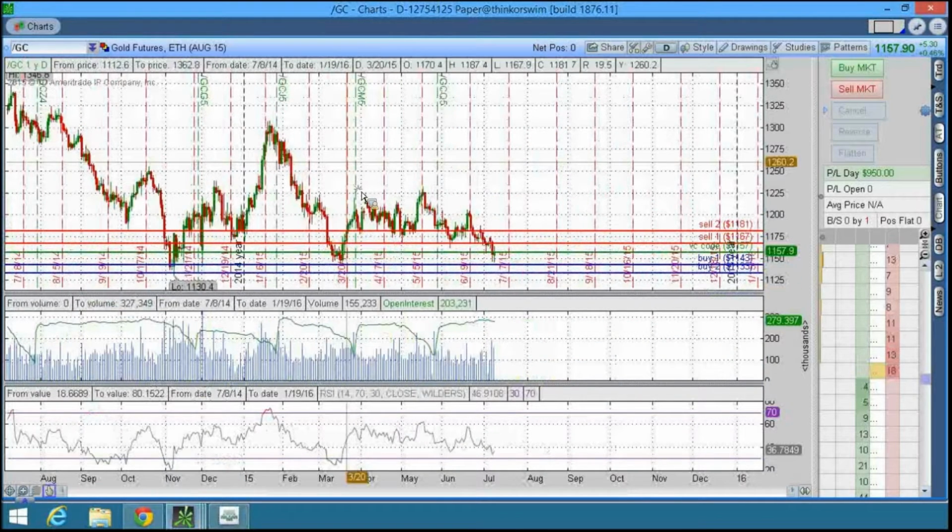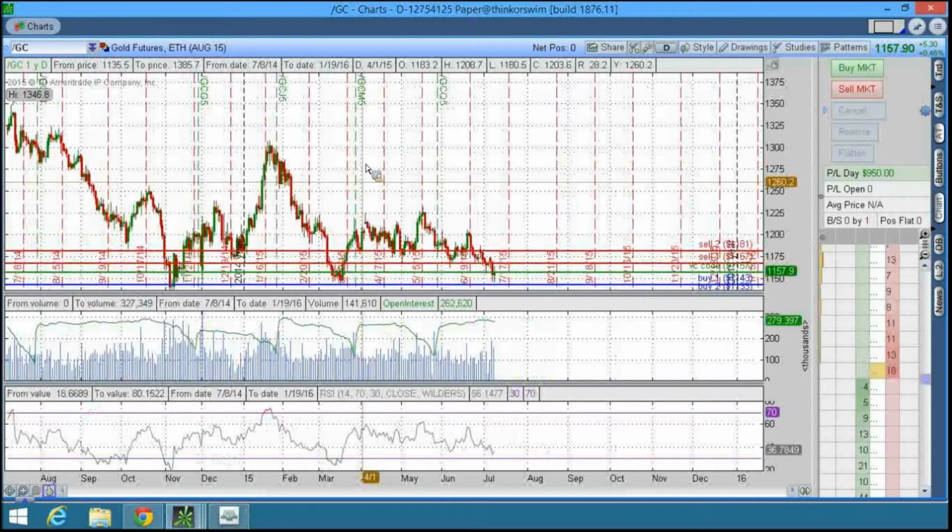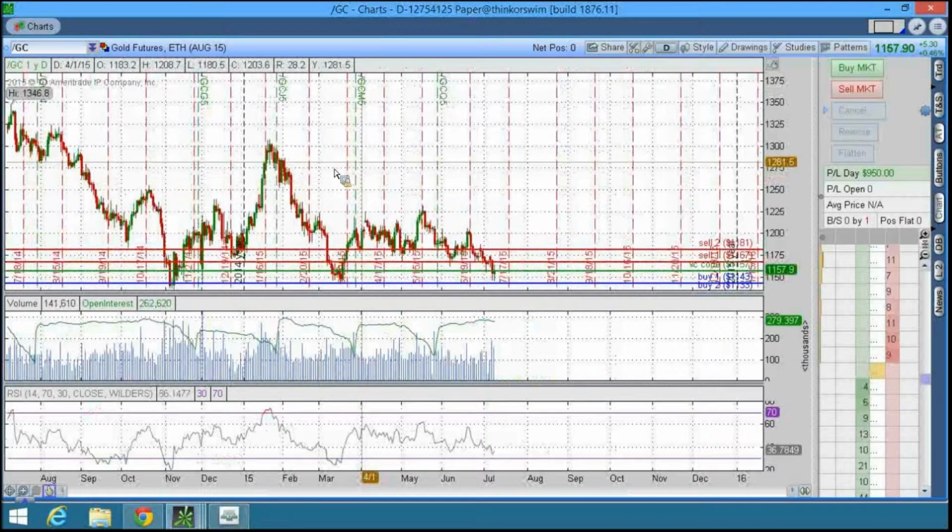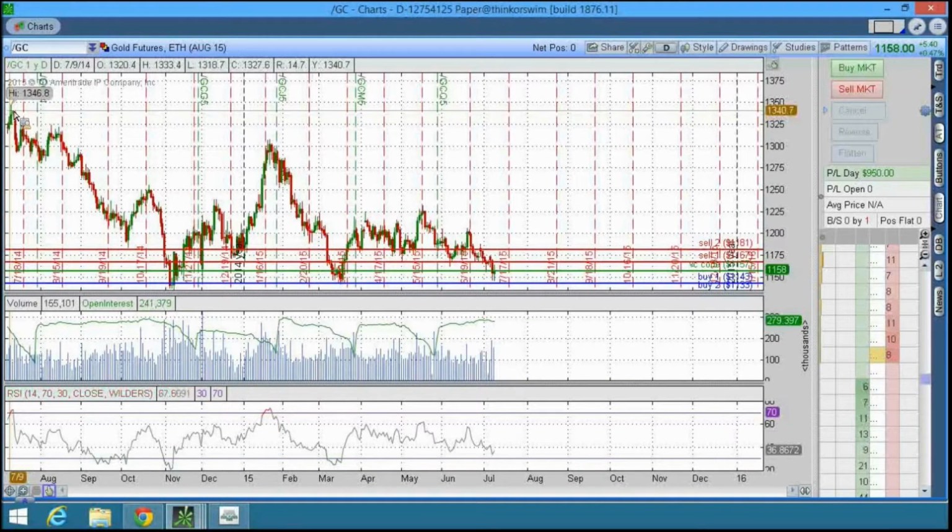If we just focus for a minute on the gold chart, this is the futures contract for gold going back to July of 2014 when we saw the high of about 1347.